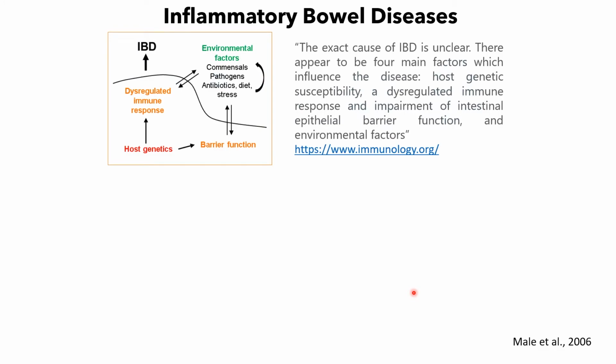And so in inflammatory bowel diseases, we see that host genetics are going to play a part. Okay, there'll be some susceptibility that will be granted because of some genetic mutations. And these could give rise to barrier function degradation, meaning that the epithelium of the intestine is compromised and so it can become inflamed.